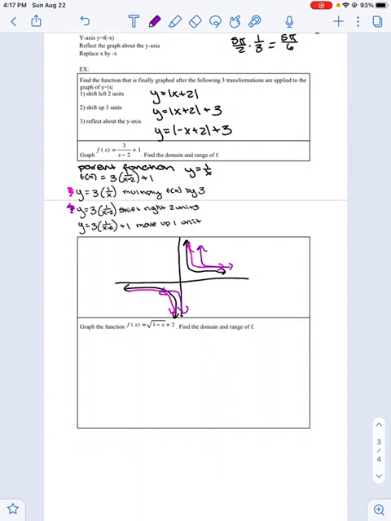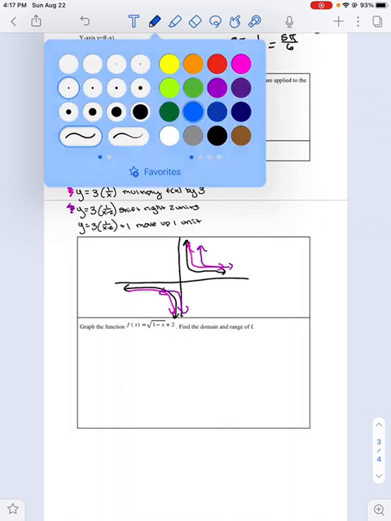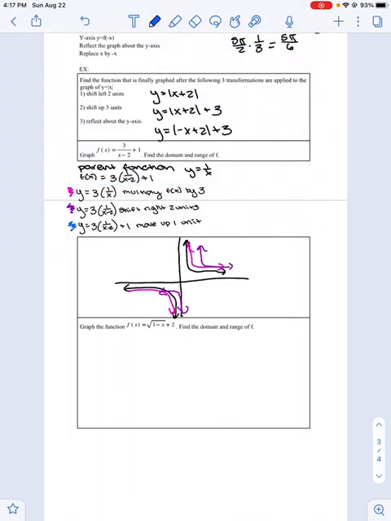And then lastly, our shift up 1 unit in blue. So I'm going to shift it up 1 unit in the blue. And the blue then is our final graph.